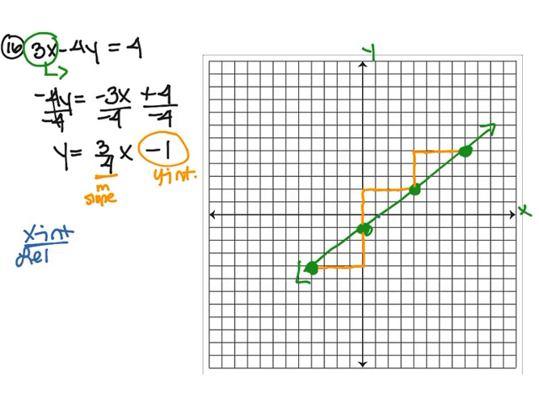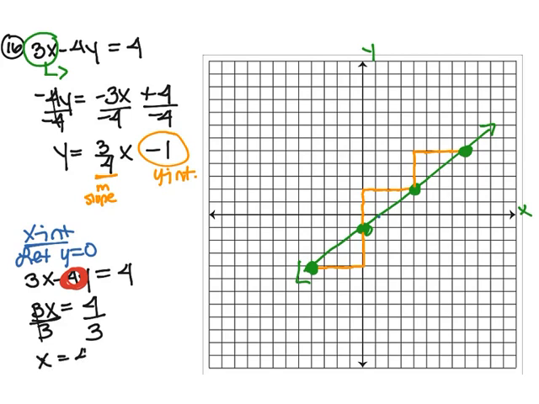So you're going to let y be 0. So if you have the equation 3x minus 4y equals 4, and I let my y be 0, that means this is gone. So you have 3x equals 4, and when you divide by 3, x is 4/3.